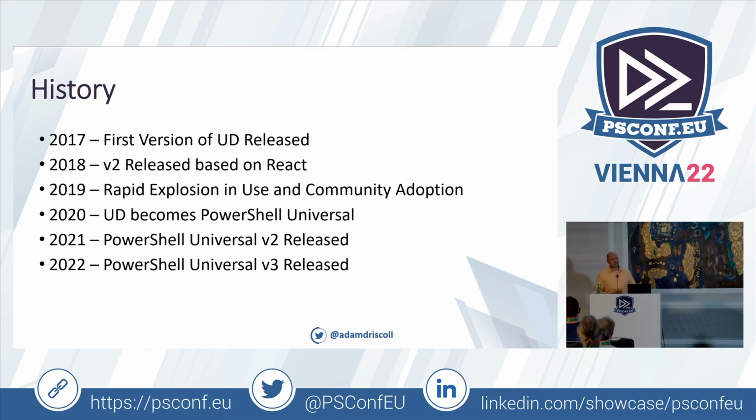In 2021, I released PowerShell Universal v2, which included a whole new admin console and that kind of thing. And in 2022, we released v3, and that was actually last week. So a whole new version with SQL Server support and that kind of thing.